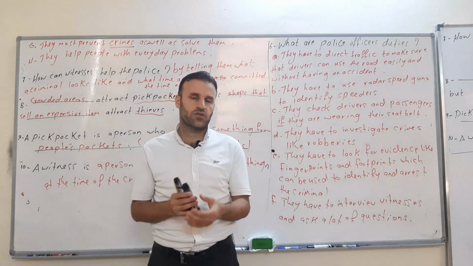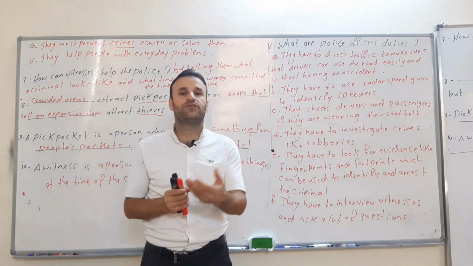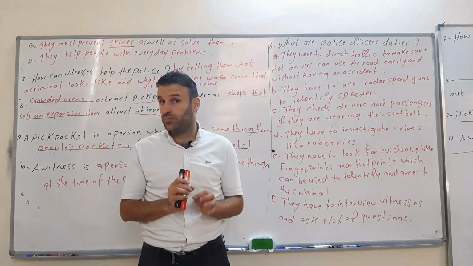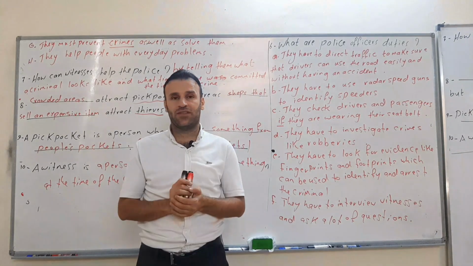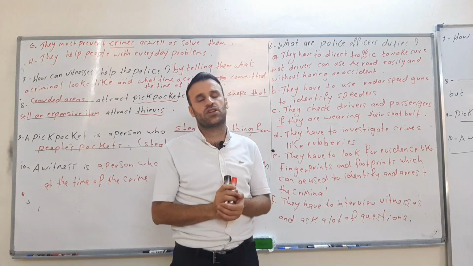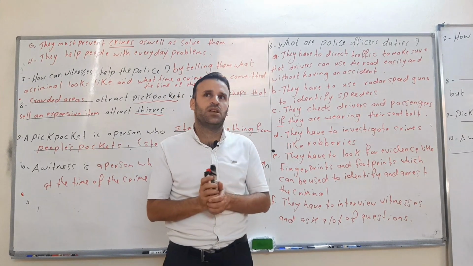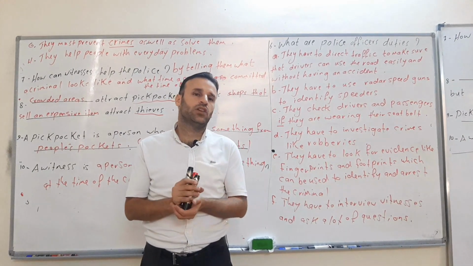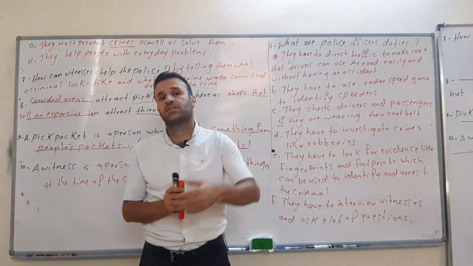So the first question was, why do people have to follow the law? So that we can all live together safely. Again, another question, for example, why do police have a lot of duties? Why? Because there are a lot of different laws.